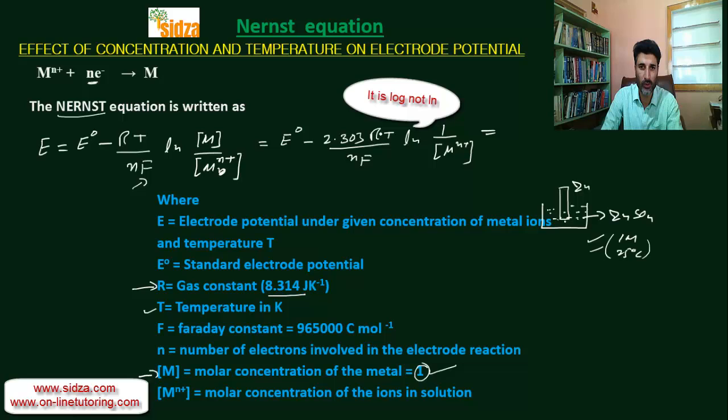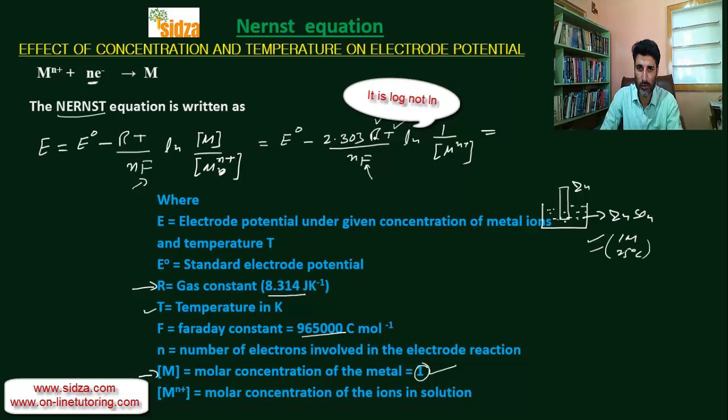And since we know that these are constants, F is Faraday's constant, which is 96500, R is a constant, and for temperature, we take 25 degrees Celsius.